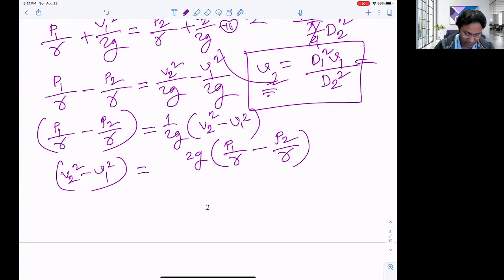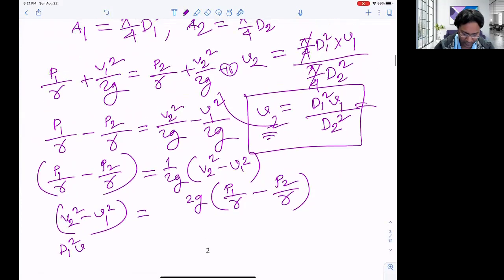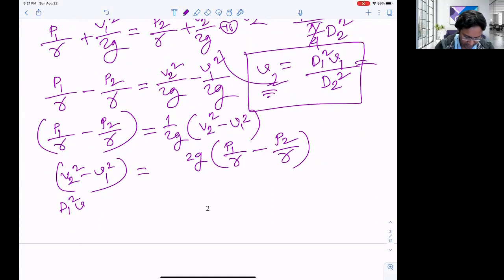And then we can even replace the V2 with that one, D1 squared V1 over, since it is squared, divided by what?